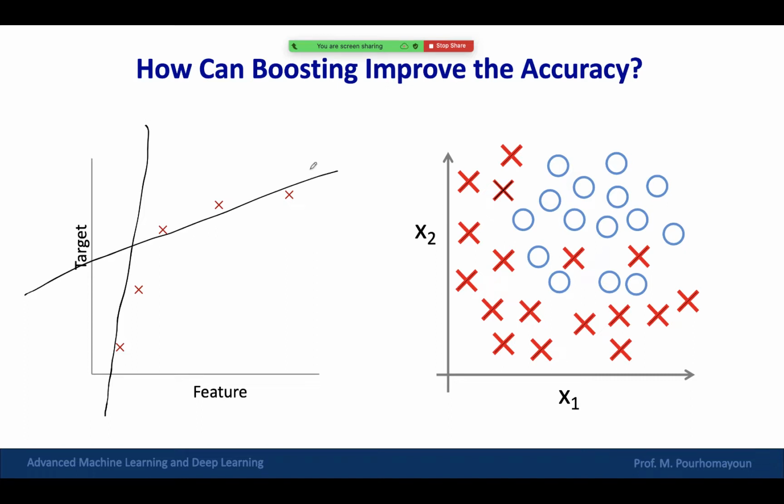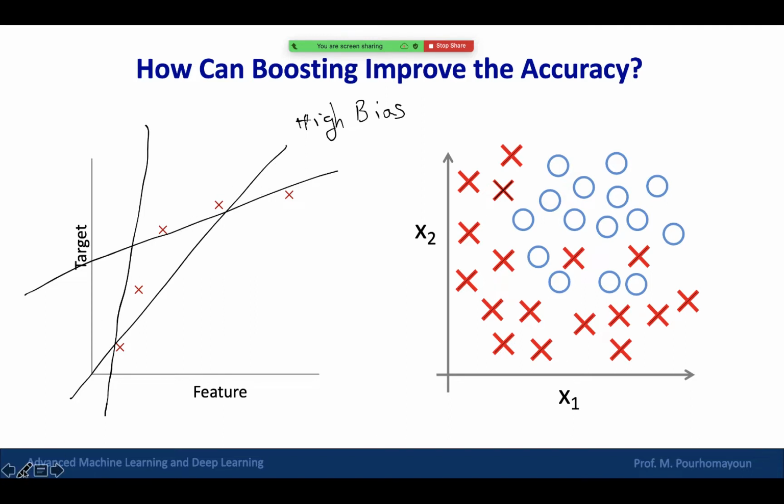This is another model. This is another model. So I have some models that are high bias this time, or maybe low variance. So they are underfit. They are too simple, in other words.